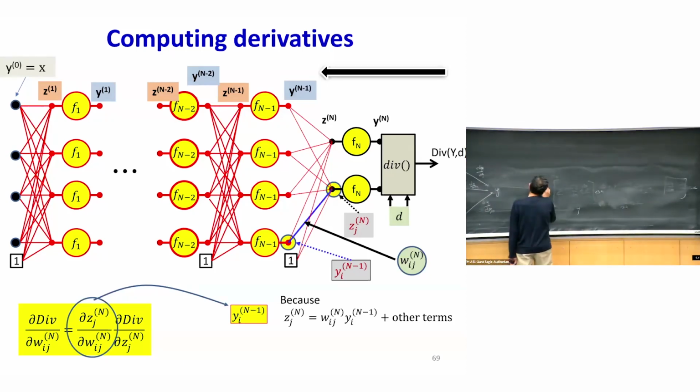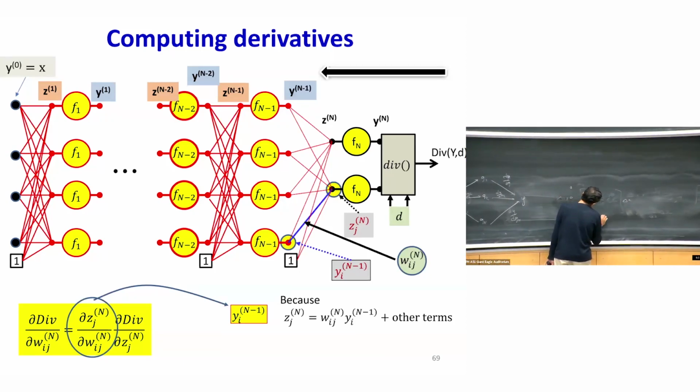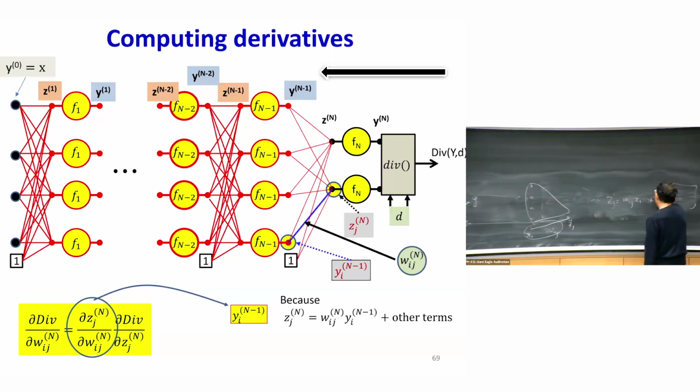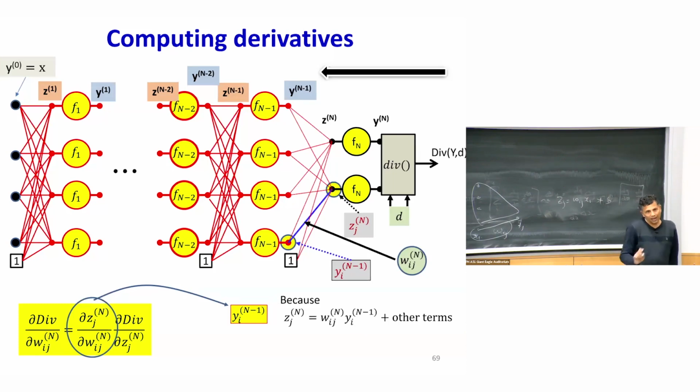So if there are a bunch of inputs, and if I'm looking at zj, and if I want this derivative from this wij, which comes from input i, then zj is going to be wij times xi, plus a whole bunch of other terms which don't depend on wij, plus something else. I'll just call this f, S for something else, okay? Now what is the derivative of zj with respect to wij in this case?